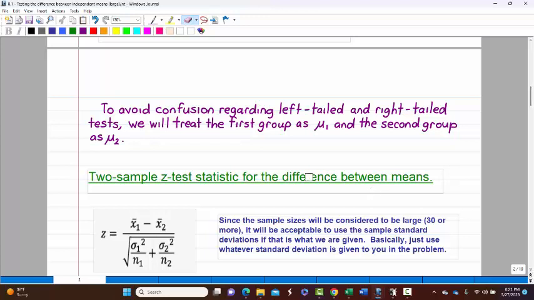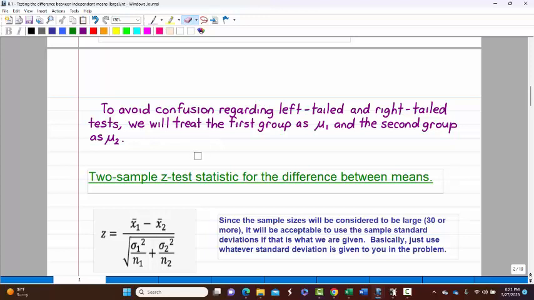Now I mentioned up here, to avoid confusion regarding left-tailed and right-tailed tests, when we read a problem, it may be labeled for us. Sometimes it just gives you the data labeled, but if it's a word-type problem, we'll automatically treat the first group as mu1 and the second group as mu2.